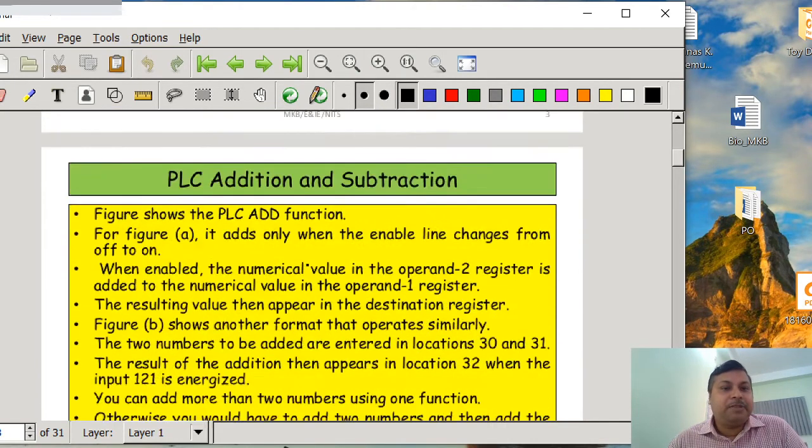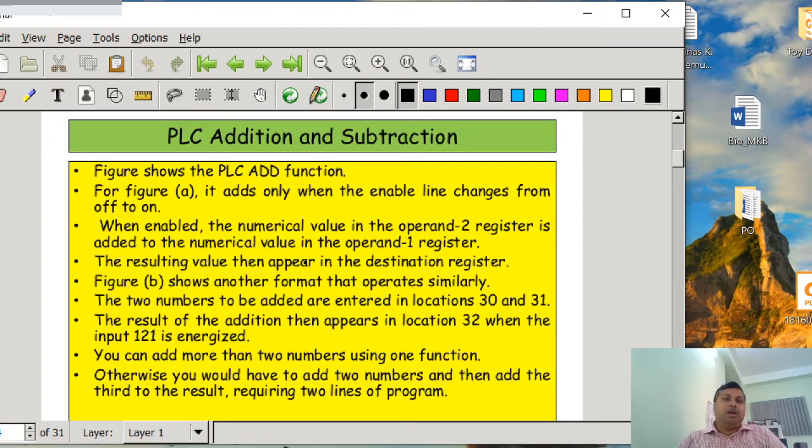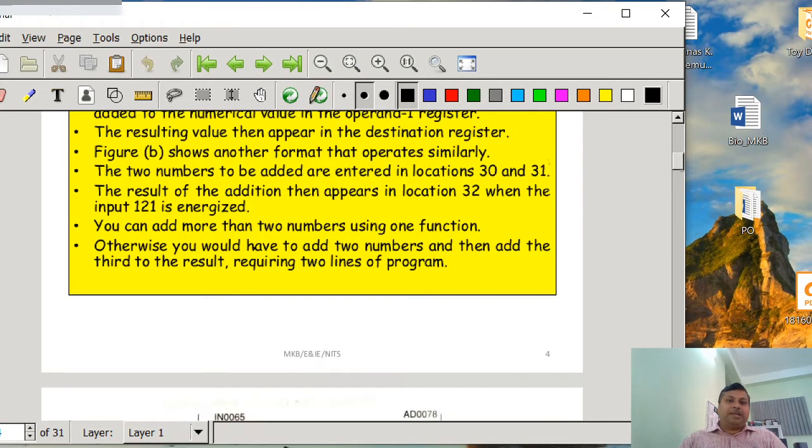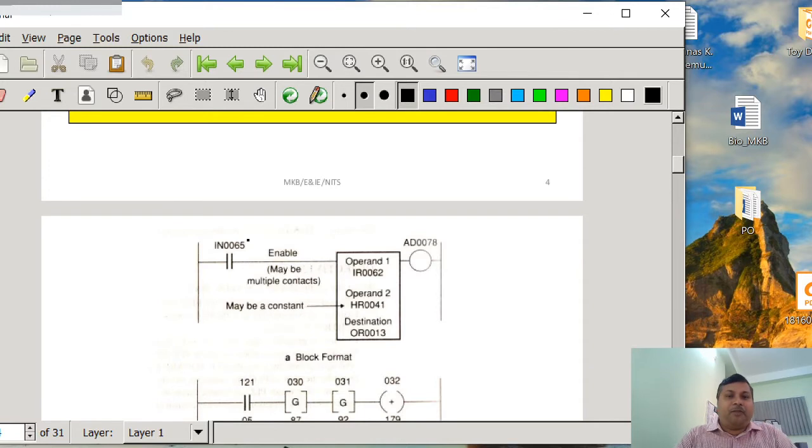So we will start with PLC addition and subtraction. The figure shows the PLC add function. This is the block format through which we can perform the addition operation. Here you can see one enable switch IN65, and in the format three registers are there.